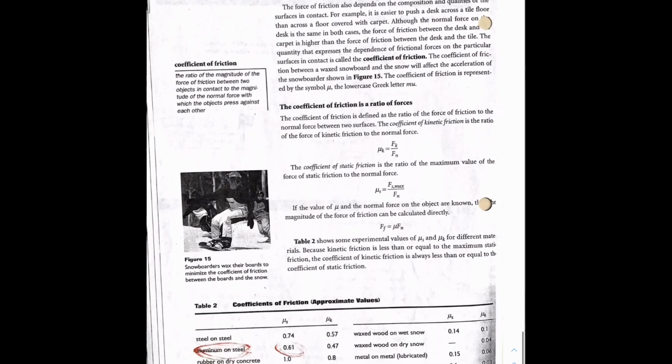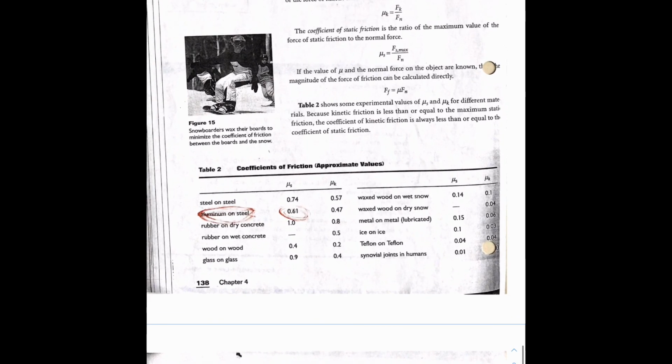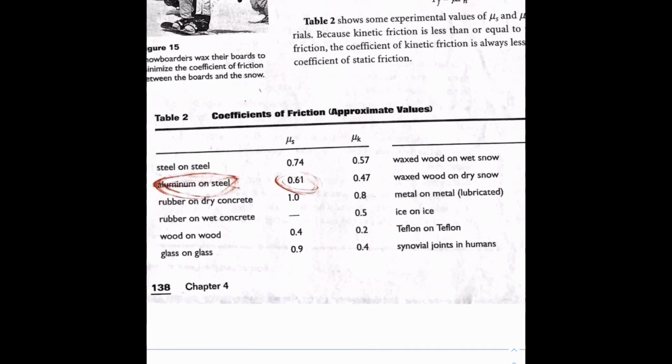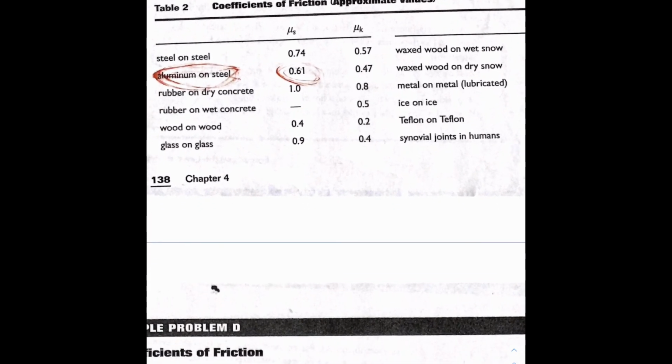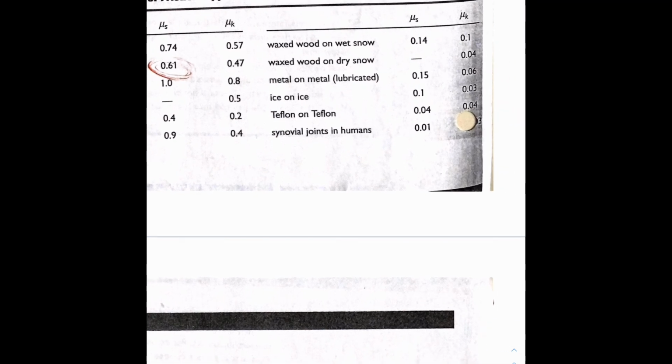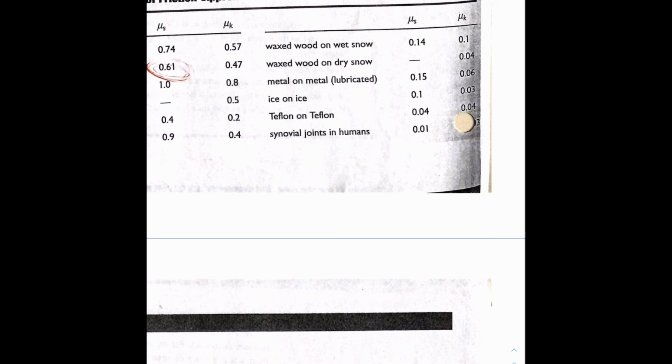So coming back down here, something I want to point out, and there's a little reading here if you want to do it. They have a table of coefficients of friction of different materials when these materials move against each other, right? So steel on steel, aluminum on steel, rubber on dry concrete, and so on. Over here, ice on ice, Teflon on Teflon. You can see we have mu s and mu k.